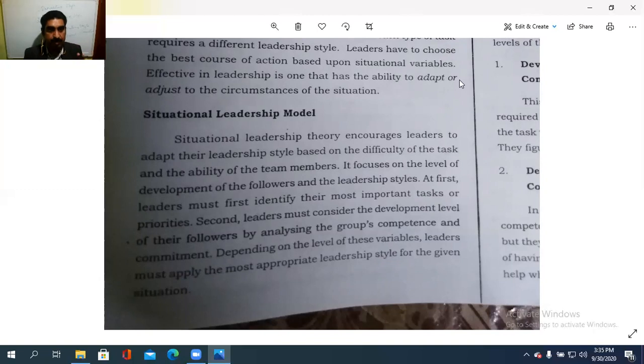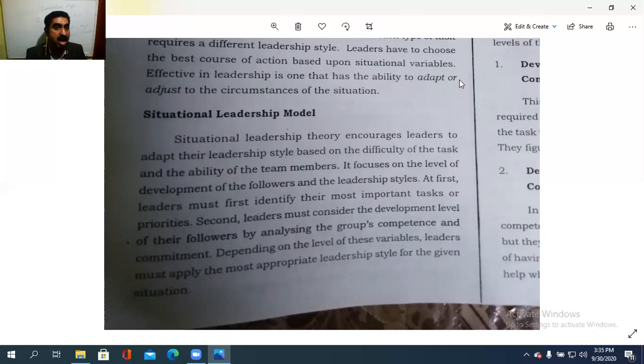That is what to check second. Okay, so leaders must consider what all things? The development level of their followers by analyzing the group's competence and commitment. Depending on these levels, the leader must apply the most appropriate strategy based on the situation. So that is the situational leadership model.